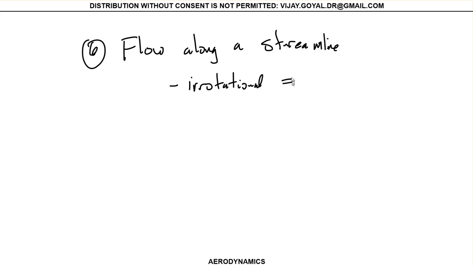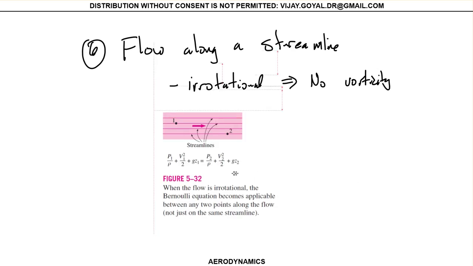Irrotational means that it has no vorticity. So we are basically saying that your equation applies in a case something like this. This is where everything applies. It applies at points 1 and 2 that are going along the streamline.